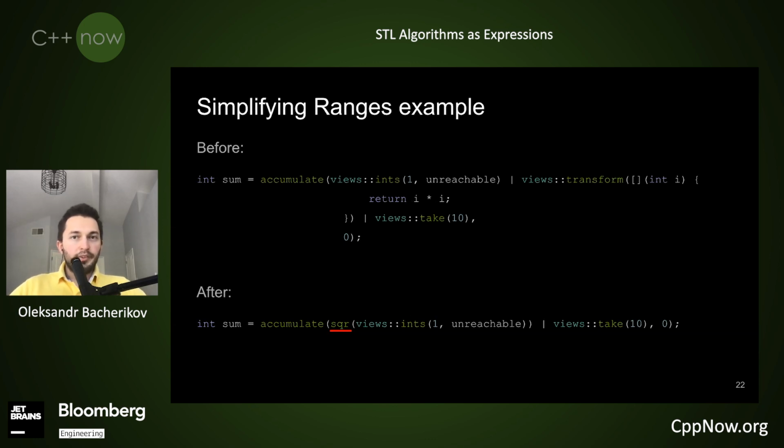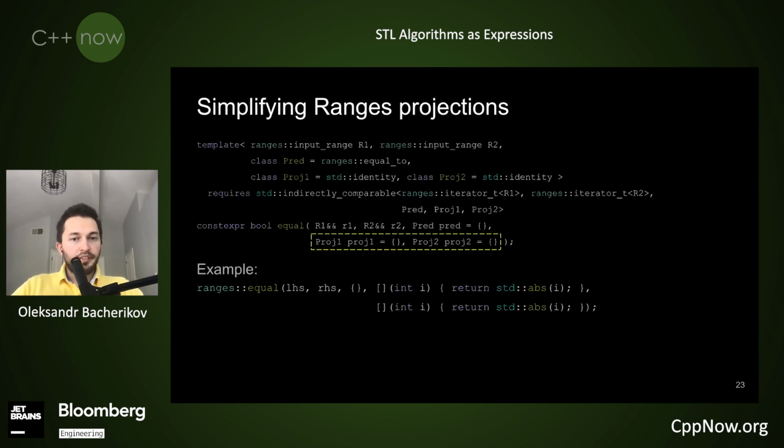And I didn't hear about any problems with this, so I think we could expand its applicability to any ranges. So you see the whole construct with views, transform, and lambda inside it is gone.